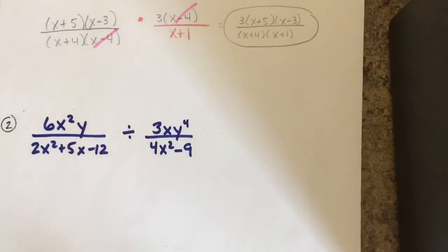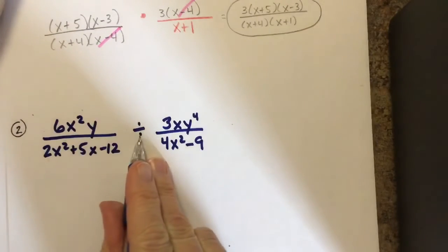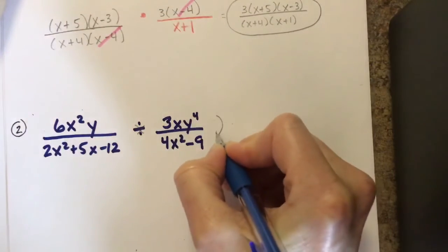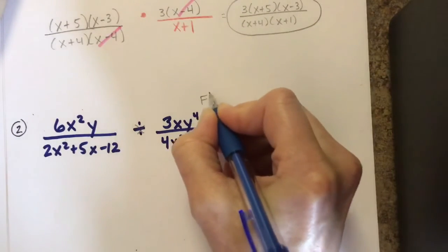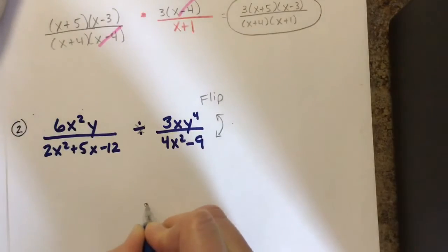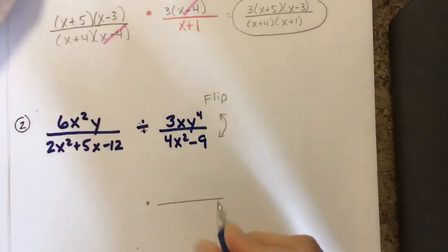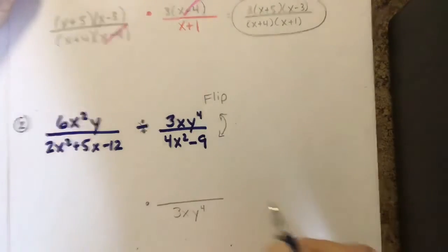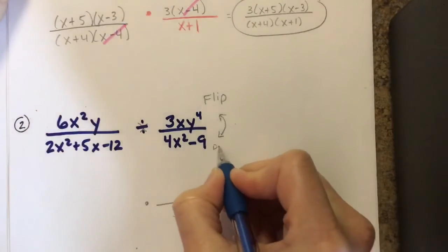Last one. Division problem. We say no division. You multiply by the reciprocal. So flip the second fraction and factor. Now I can't factor 3xy to the 4th, but this is a difference of perfect squares.